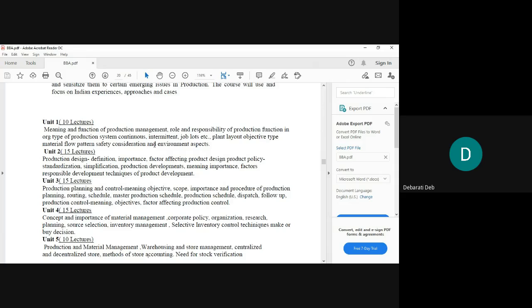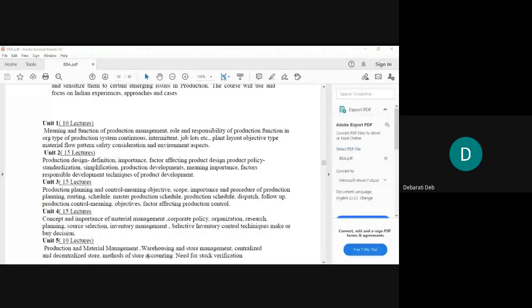Unit 3, 4 and 5 are already there in Moodle. I'll see the problem where you're unable to see. Then 1 and 2 also I'll give you in Moodle. So your notes will be there with you. No problem.